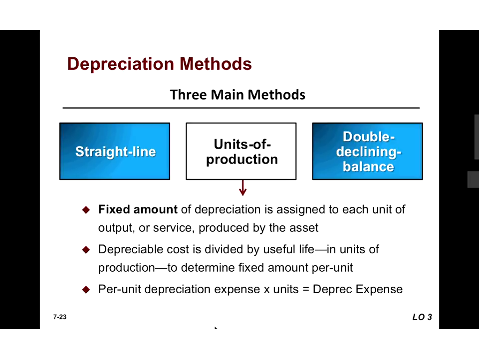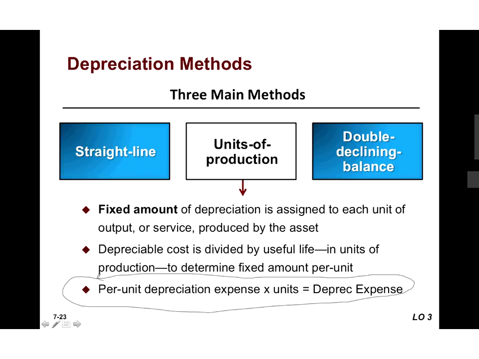So units of production is going to be a fixed amount of depreciation assigned to each unit of service, and the depreciable cost is divided by useful life, and basically, you get your depreciation per unit expense times the number of units gives you depreciation expense.